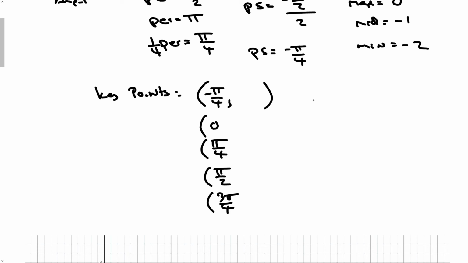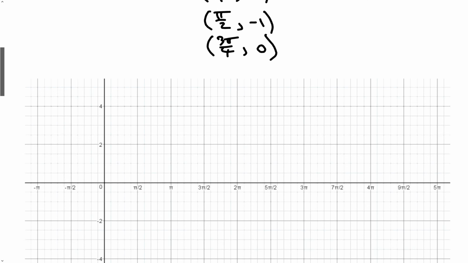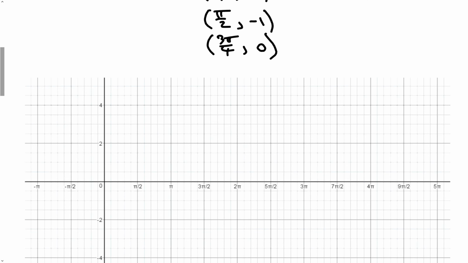Okay. Next, the cosine function starts at the max unless it's reflected. It's not. Then the middle, then the minimum, then the middle, and then back to the max again. So graphing these functions, negative pi over 4 is halfway in between here, so that's there.